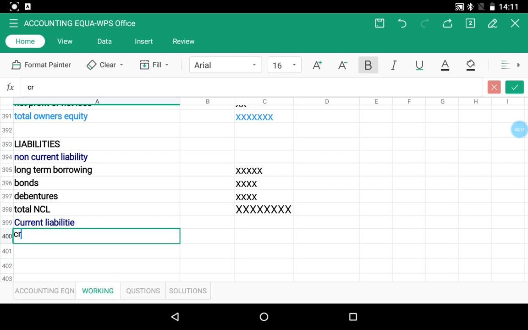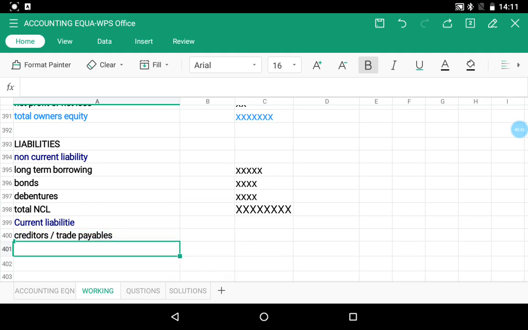We have creditors. You bought goods on credit. That means anytime you pay, you pay in the end of the year. They are also called trade payable. You bought goods on credit but you have not yet paid. So that means anytime we'll pay.